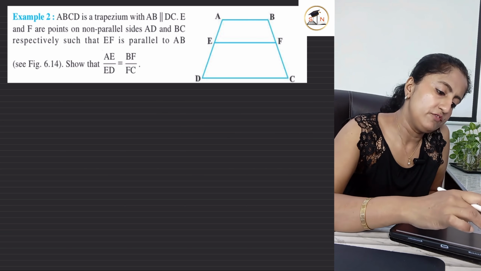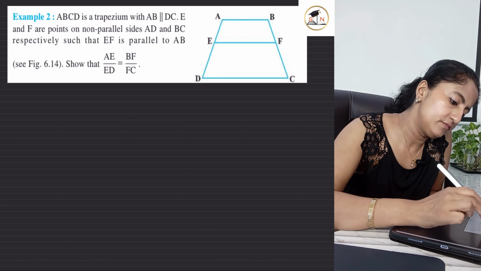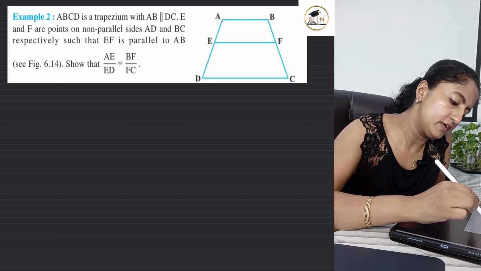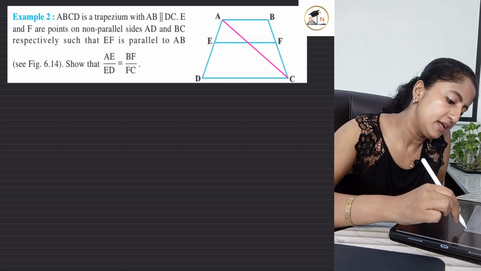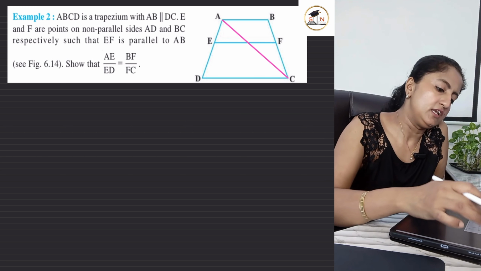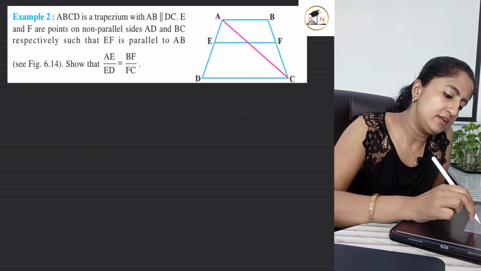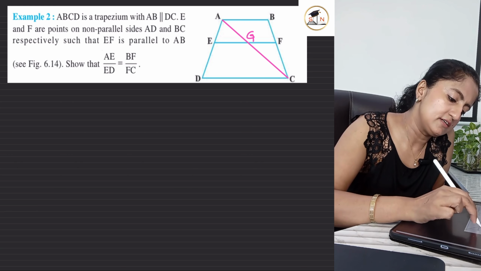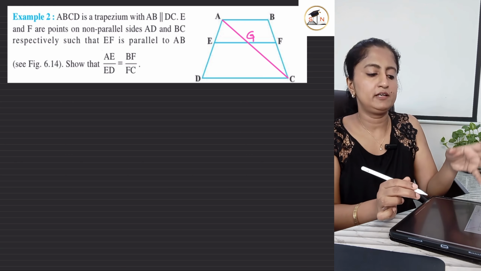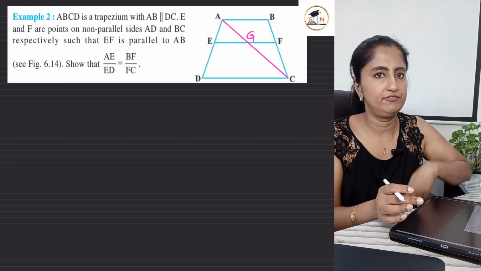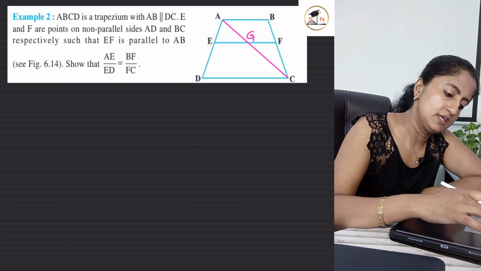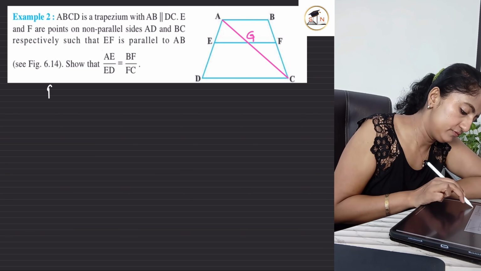Yeah, we are actually going to draw a line over here from A to C, right? Now, what does this line do? I will mark a point over here as G. G is a point where it is intersecting EF. Okay. Now, starting with the proof.